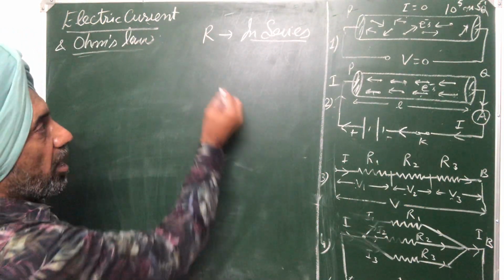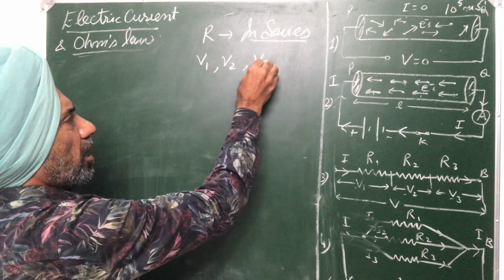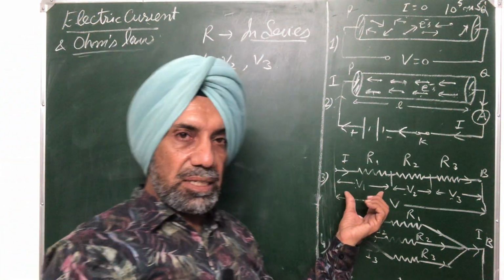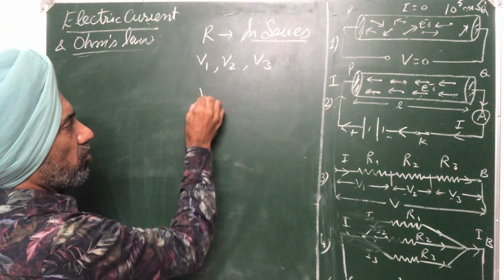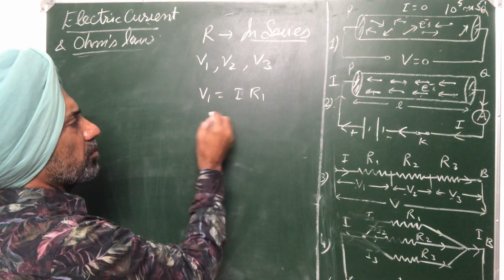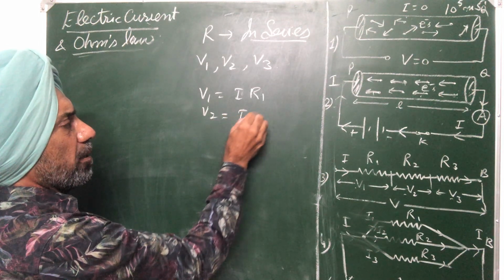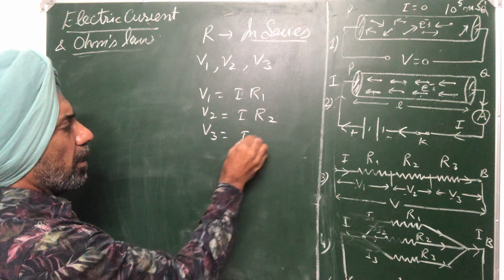Therefore, by applying Ohm's law, if V1, V2, V3 are the potential differences across R1, R2, R3 respectively, then by Ohm's law, V1 will be equal to I R1, V2 will be equal to I R2, V3 will be equal to I R3.